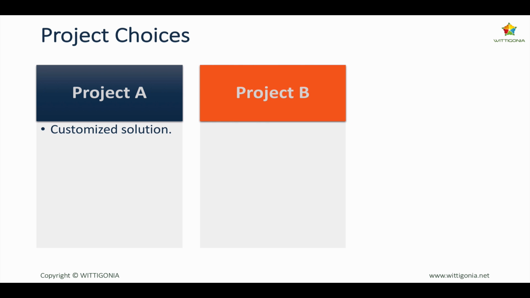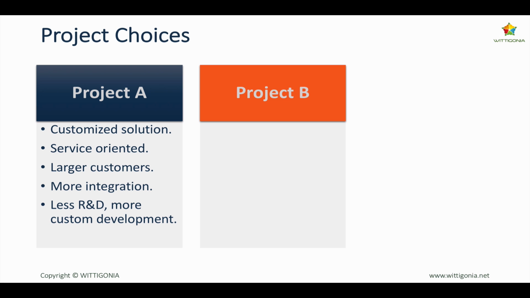Now, these are really the characteristics of the choices. Project A might be a custom solution, very service-oriented, with larger customers, so large enterprise or organizational customers, which require more integration. And it might have, therefore, less R&D work upfront because there's more custom development necessary.